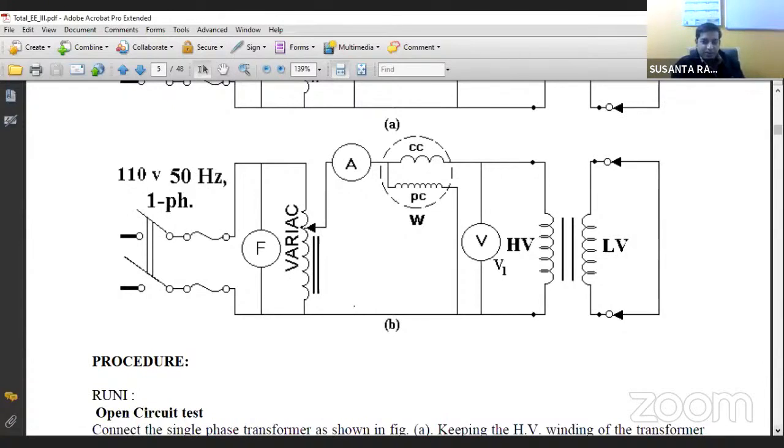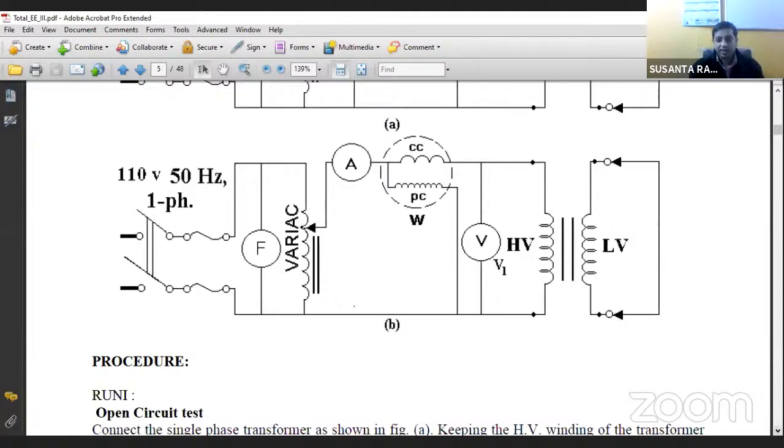Therefore our objective is to perform the test at rated current. But how are we achieving it? We are achieving this rated current by short circuiting the transformer, so that the voltage drop can be very low. Is that clear?